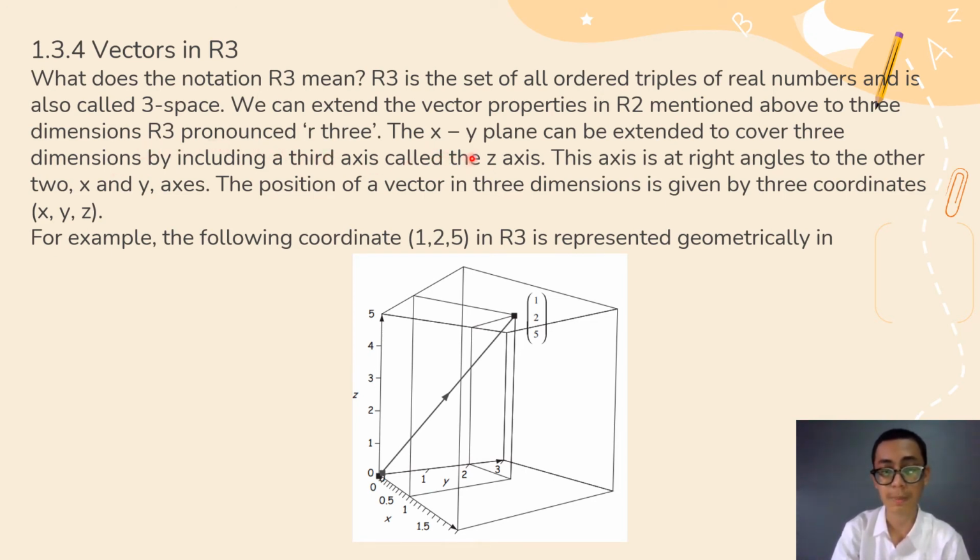The x-y plane can be extended to cover 3 dimensions by including a third axis called the z-axis. This axis is at right angles to the other two, the x and y axes. The position of a vector in 3 dimensions is given by 3 coordinates x, y, z. For example, the coordinate 1, 2, 5 in R cubed is represented geometrically like this.